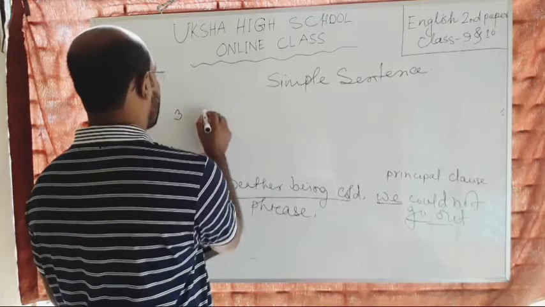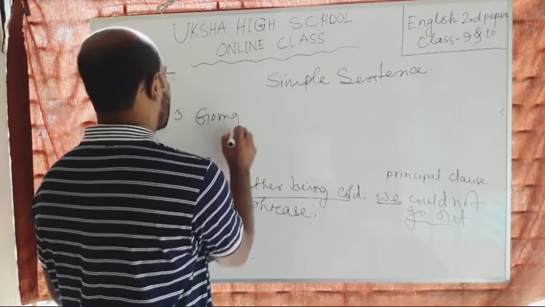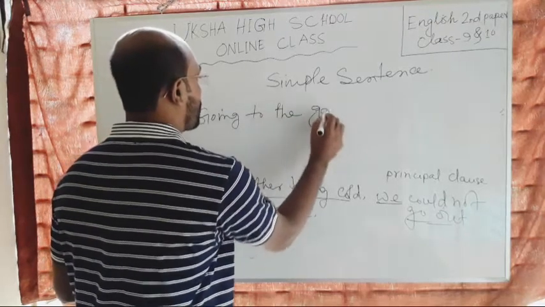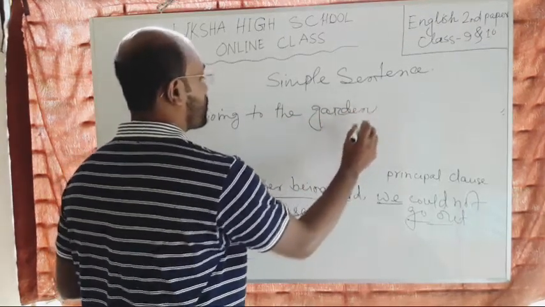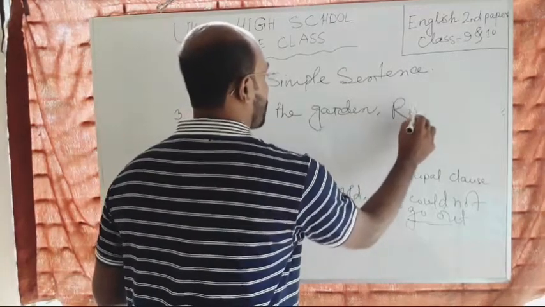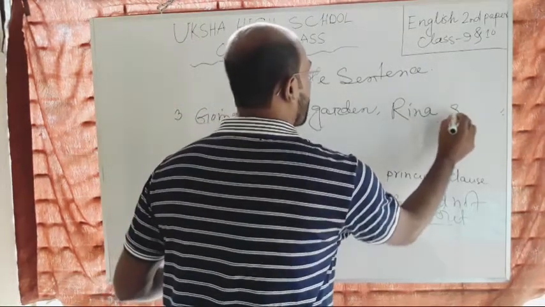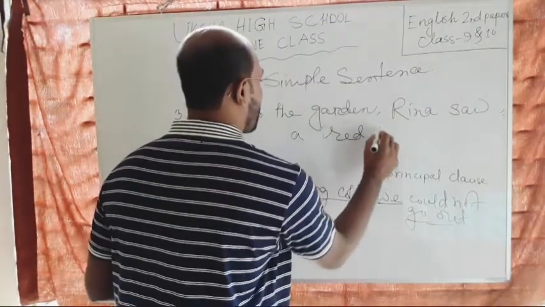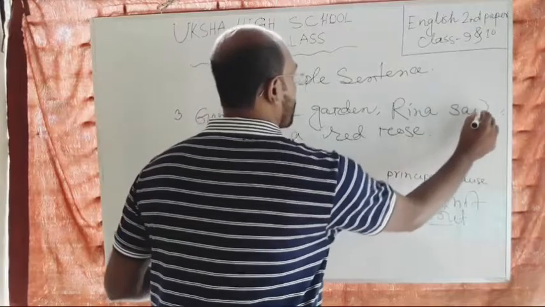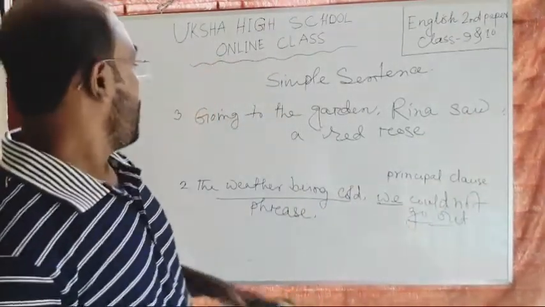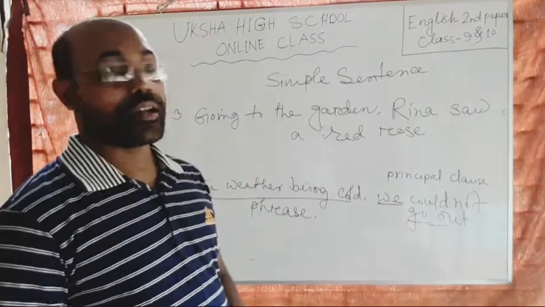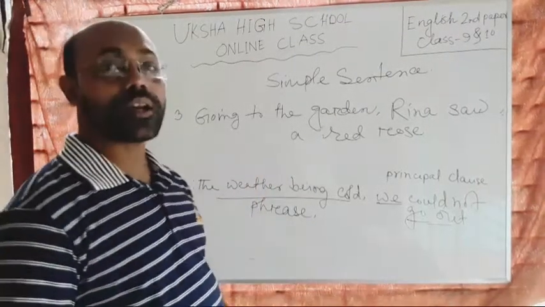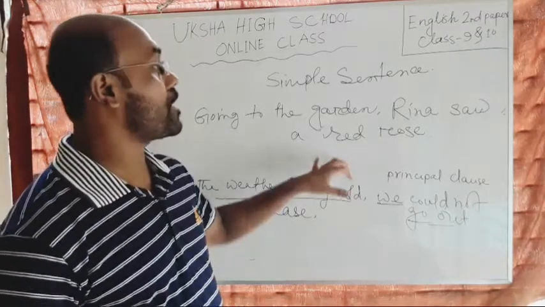Number 3. Going to the garden, Rina saw a red rose.